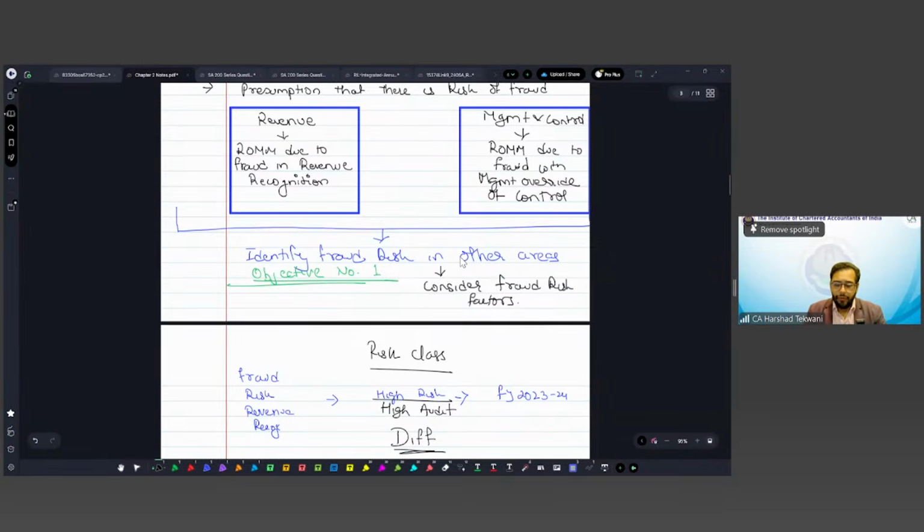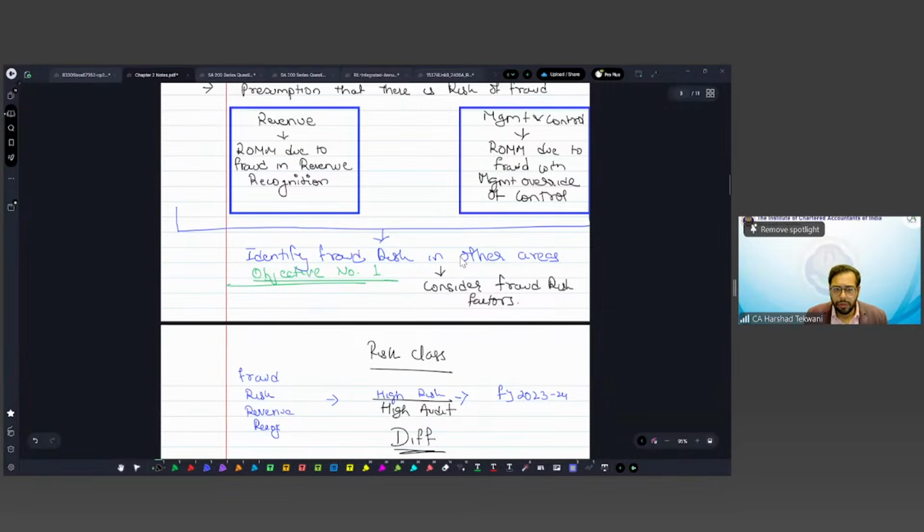Anyone heard about the fraud diamond? No, sir. Okay. The fraud diamond theory basically talks about four aspects. It adds one more aspect to the fraud triangle theory. The fourth one is the capability to commit the fraud.